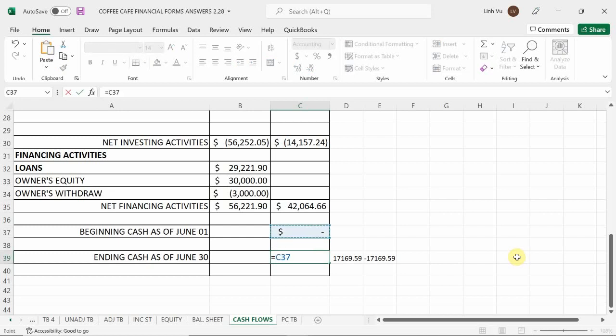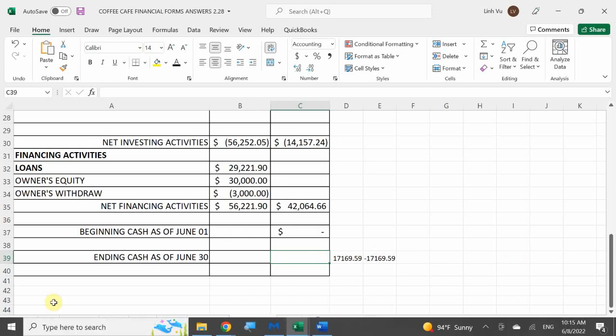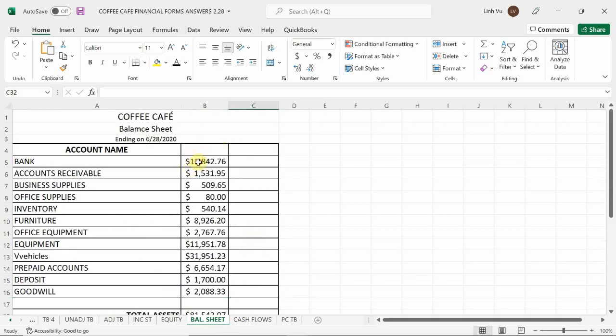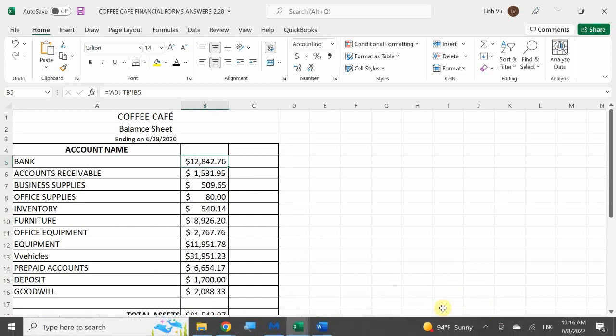If I started out with 0 and I had this much amount here, my net operating since I started out with my company, this should be equal to this amount that I have in my checking in my balance sheet, right? This right here is the number you're supposed to be ending with, which is $12,000.